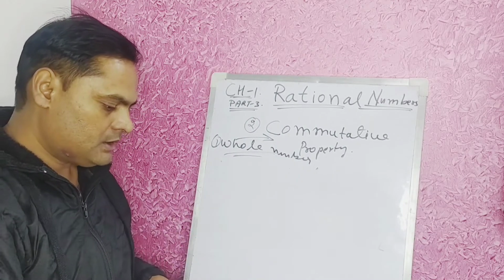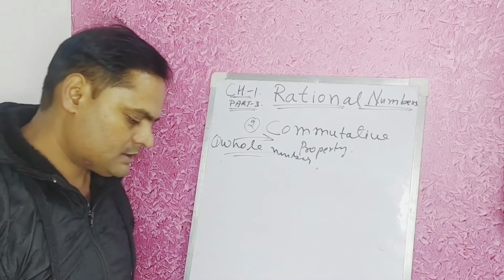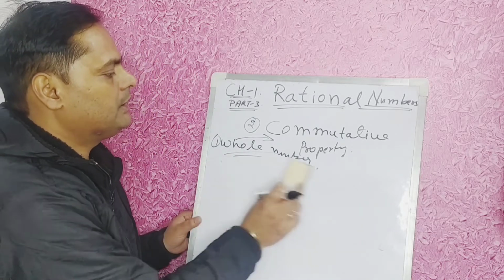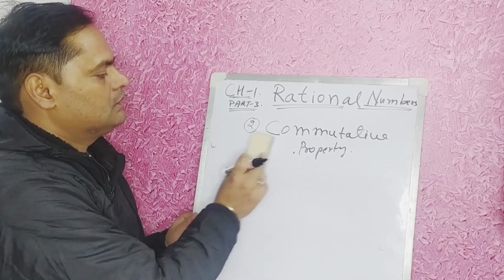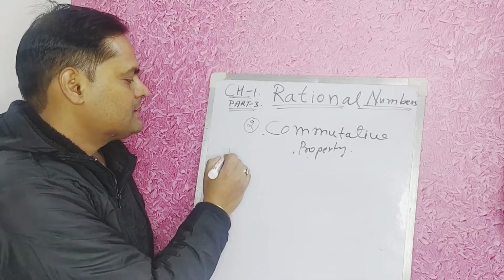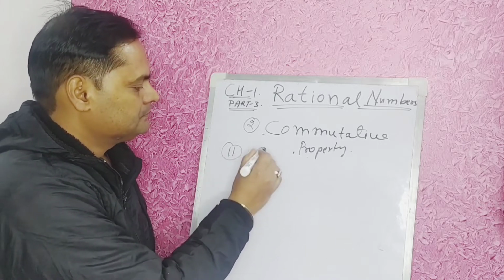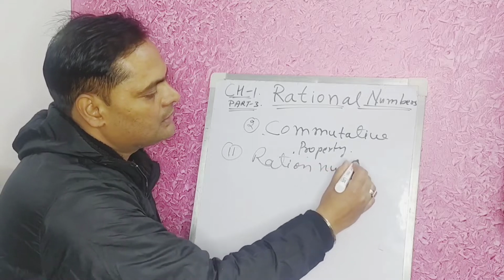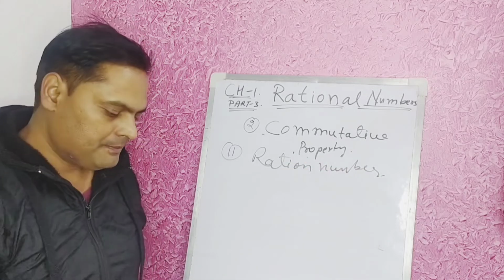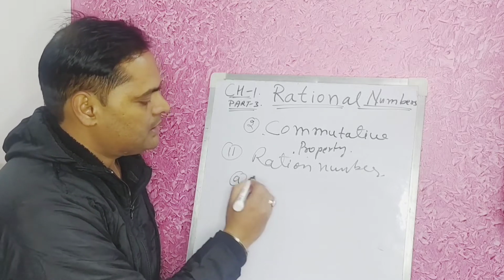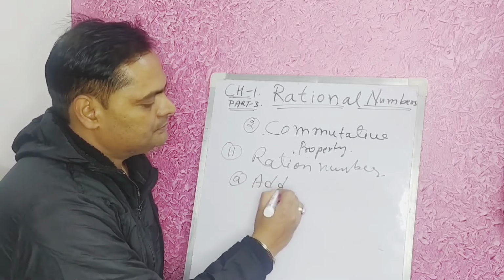Similarly, we have the next topic, that is rational number. This whole number is completed. Let's see the rational number, that is the second one. In this again, the same thing, like A part is addition.